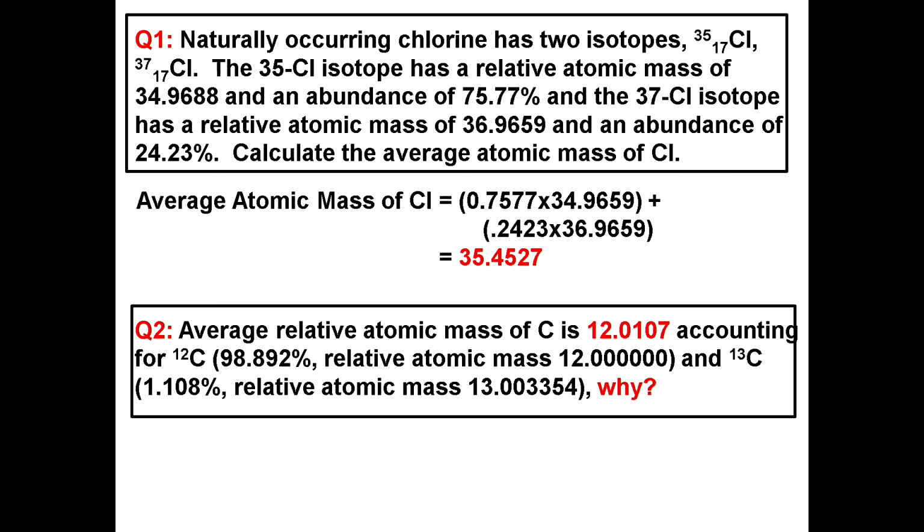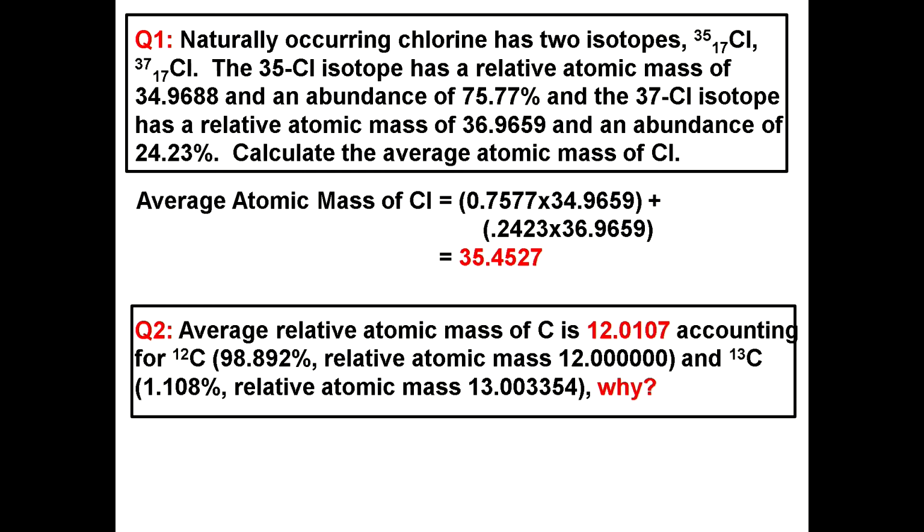So using this abundance times this mass, and also this abundance times this mass, we can get the mass. This is called the average atomic mass.